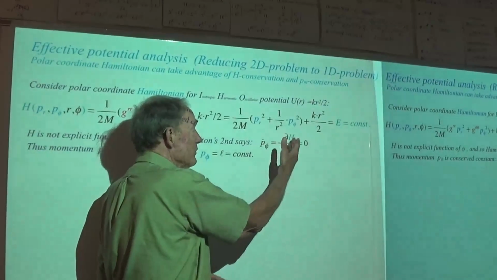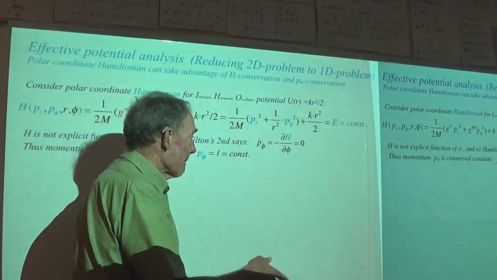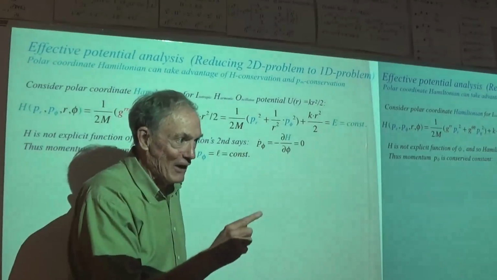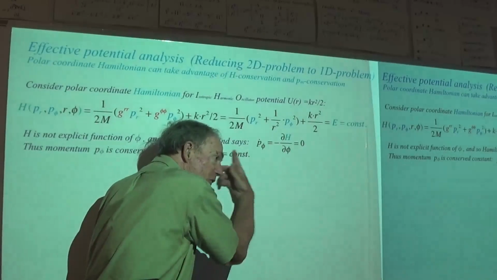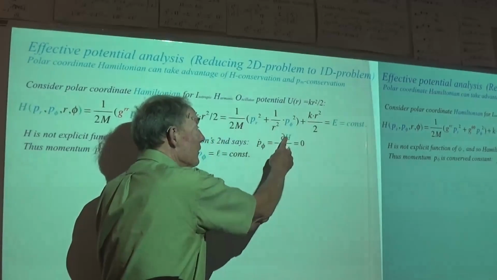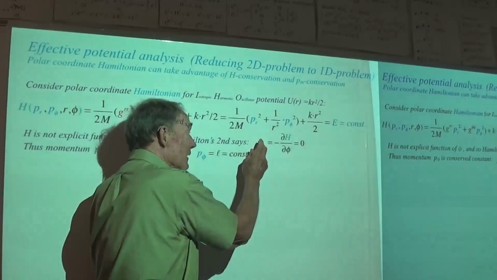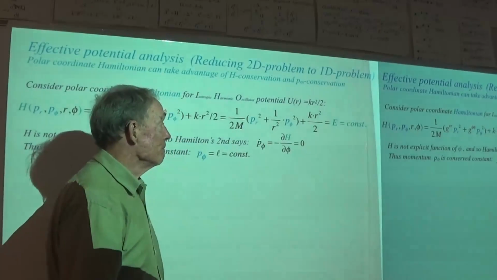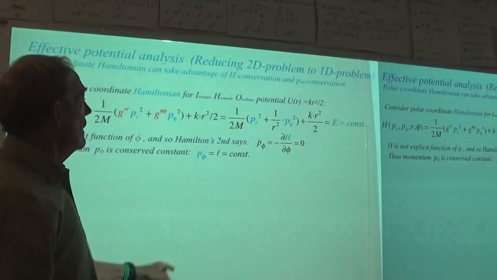So if H has no explicit dependence, it has symmetry. S-Y-M-M-E-T-R-Y, okay? It's always the same in all different angles. No partial derivative with respect to phi. I've got no change in the angular momentum, p_phi. P sub phi is fixed, a constant.